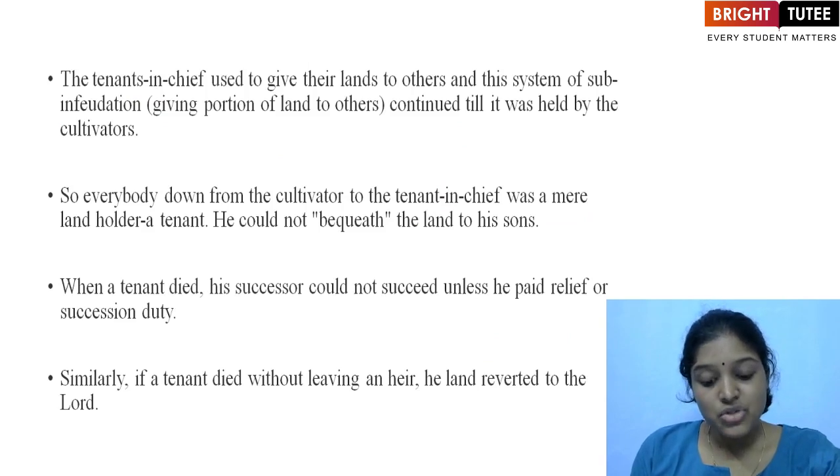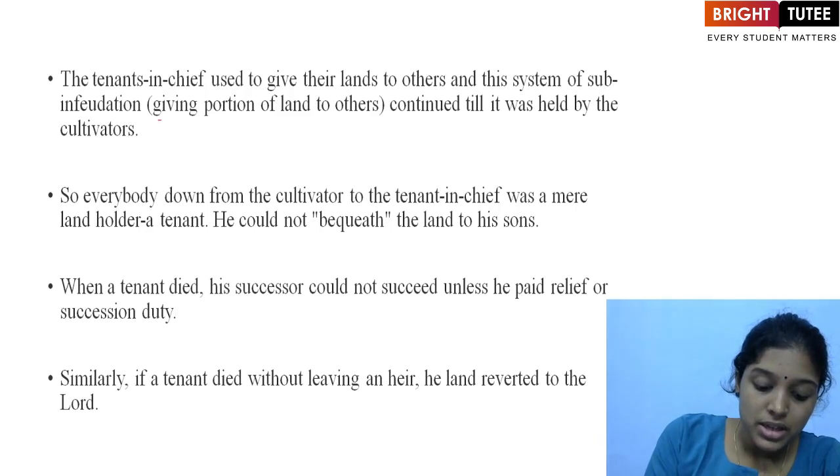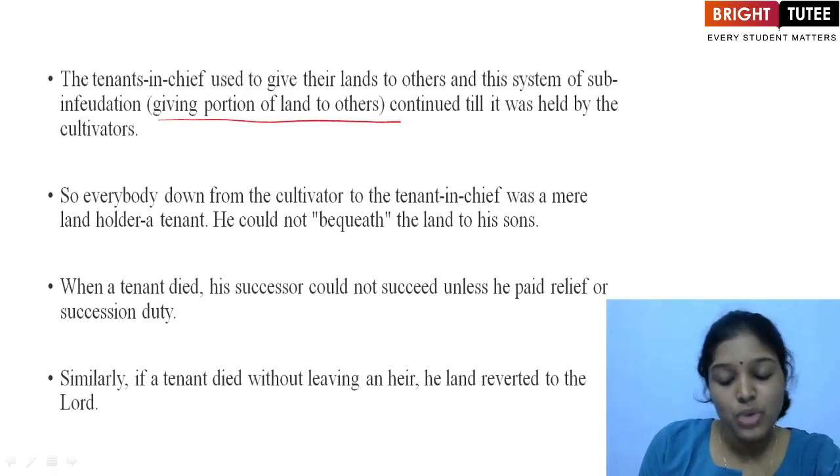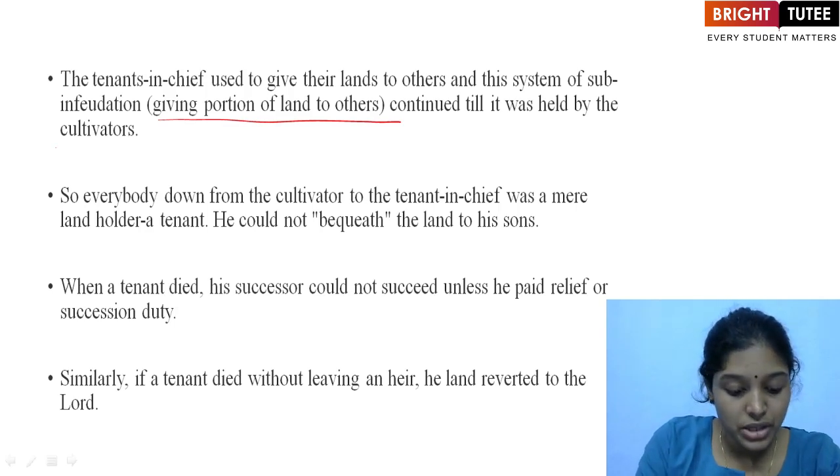And the tenants in chief used to give their lands to others, and the system of sub-infeudation, which means giving a portion of land to others, continued till it was held by the cultivators.